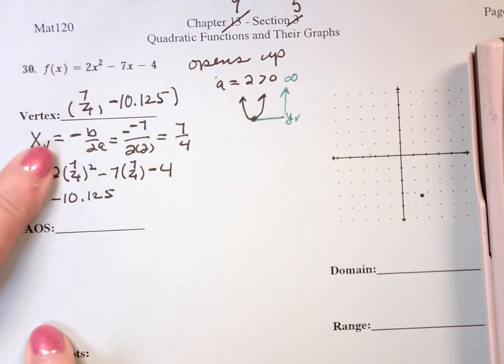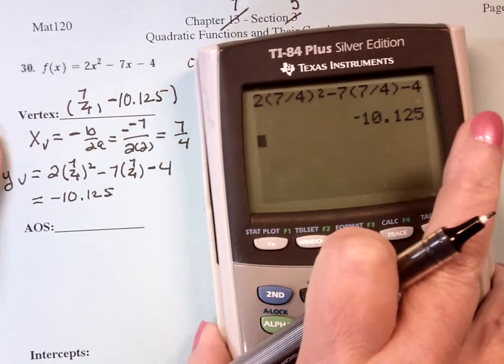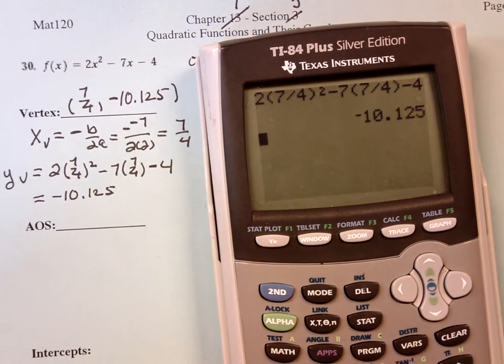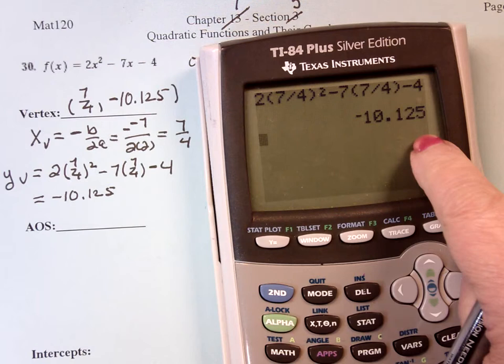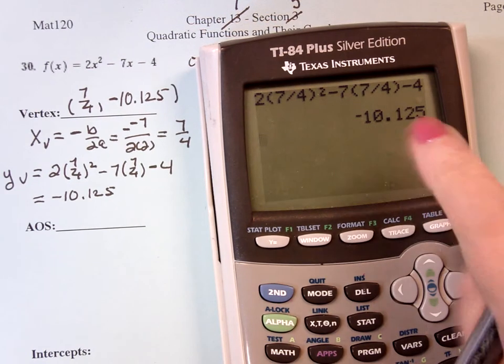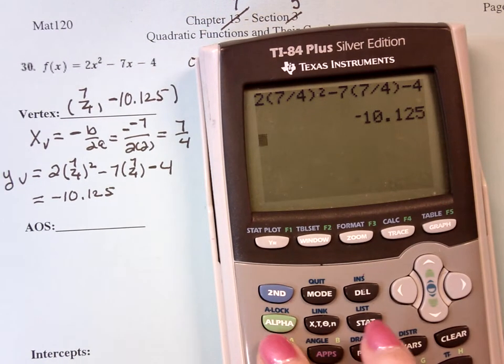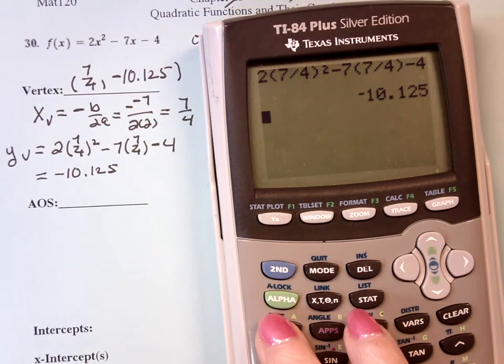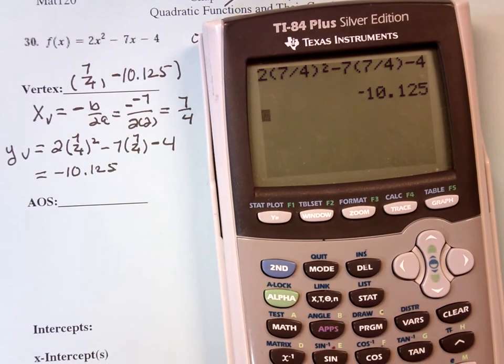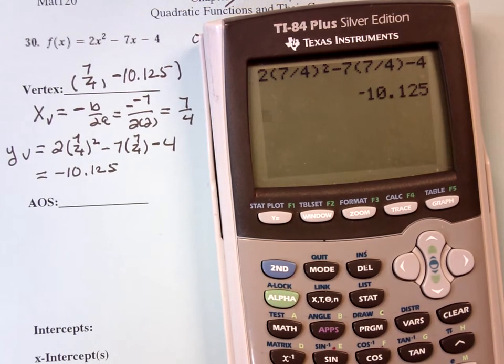Now, one thing that I could do, and what your calculators are capable of doing, is many of your calculators will actually take this number and push it to a fraction. Negative 10 and 1/8.